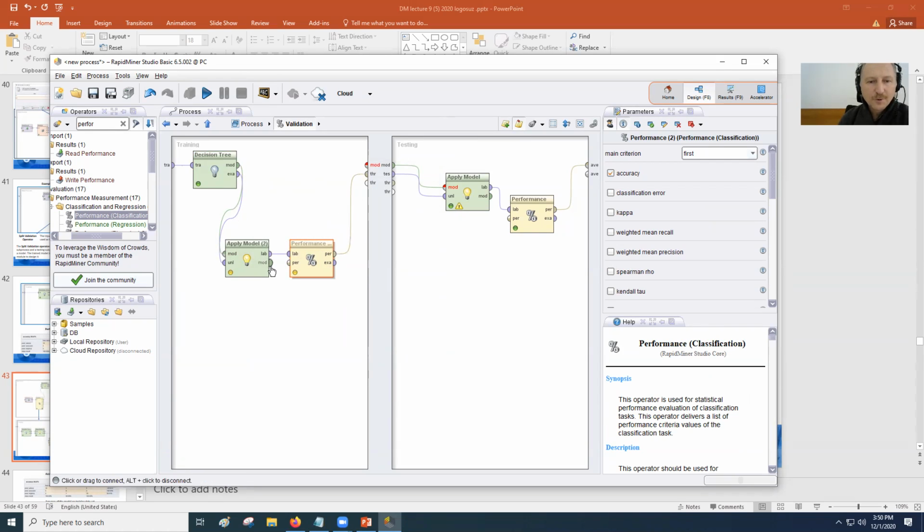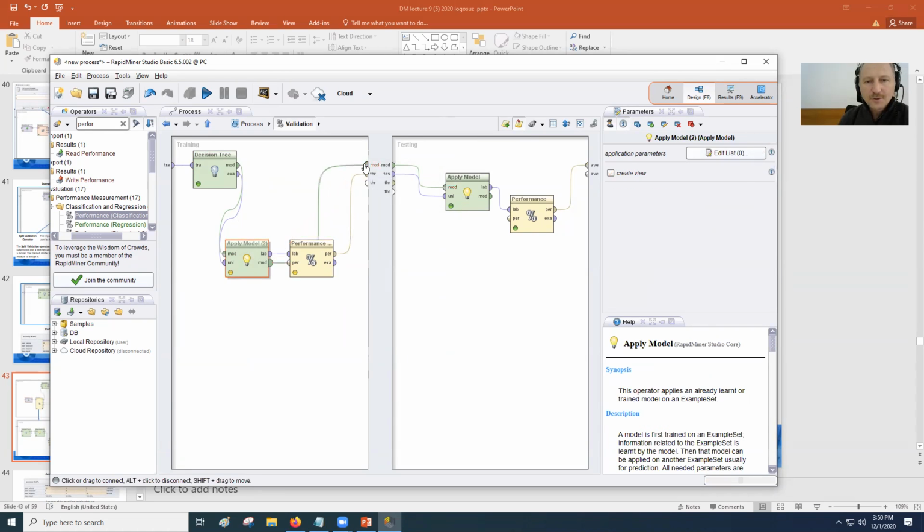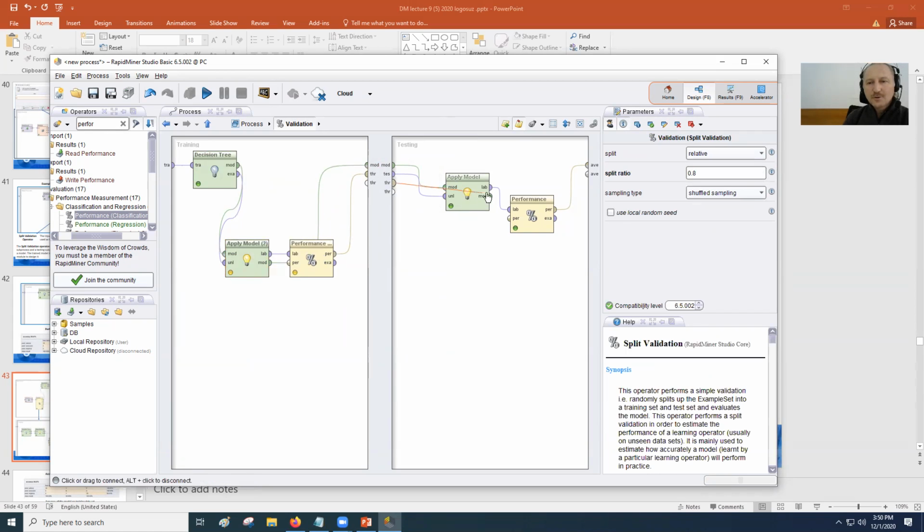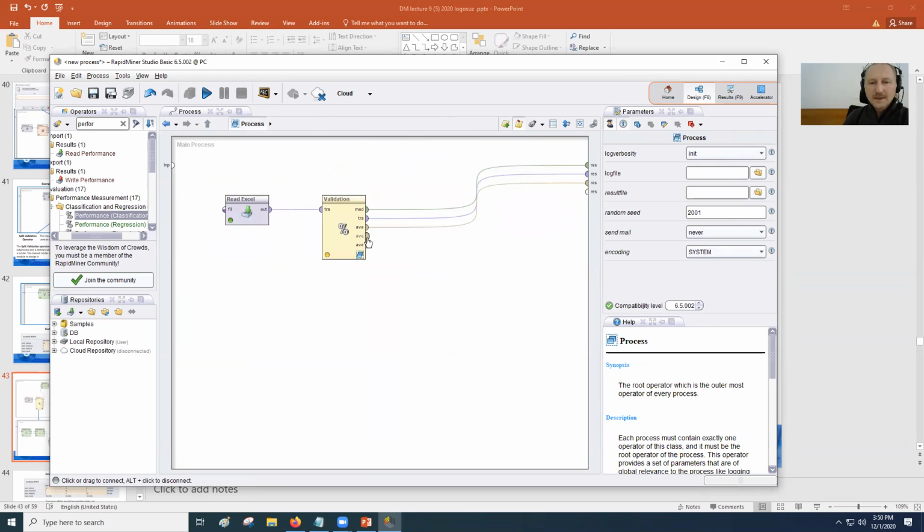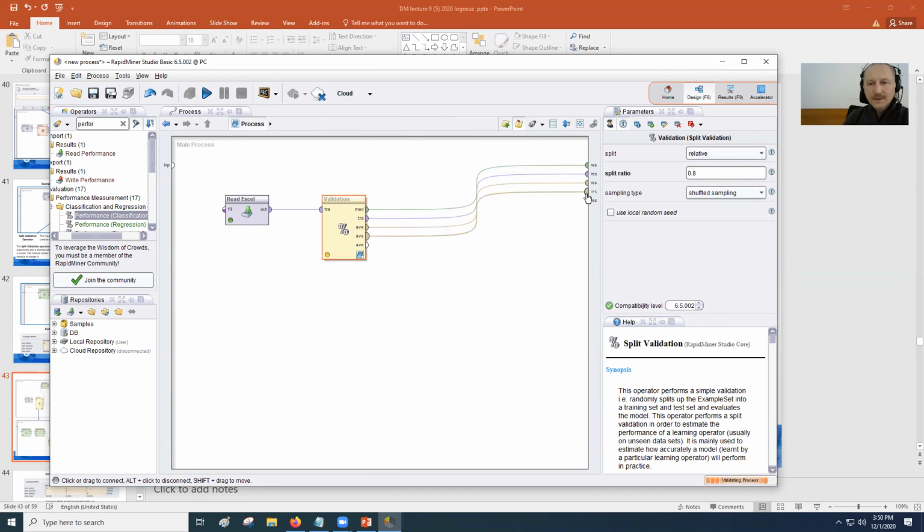Also, this one is a waiting model, because we will use this model also for testing. Now I am sending the accuracy result of the training here, and I should also send it to the output. Also, when you go to output, you should send these ones, which are now available. From here I will get the test result.